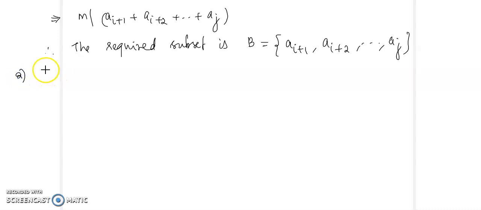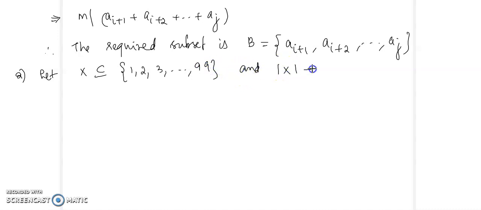Let us look at the next problem. Let X be a subset of the set {1, 2, 3, ..., 99} and let the cardinality of X be equal to 10.